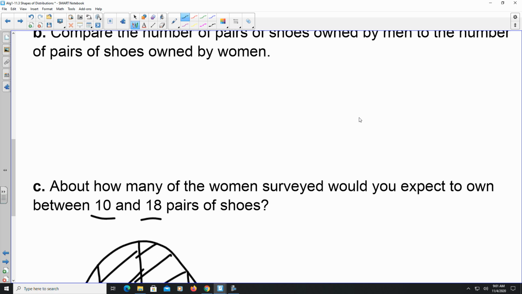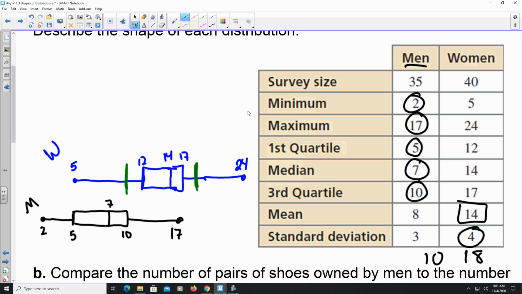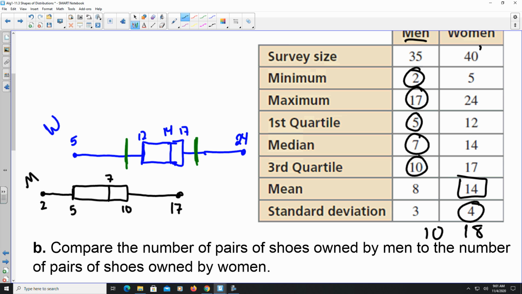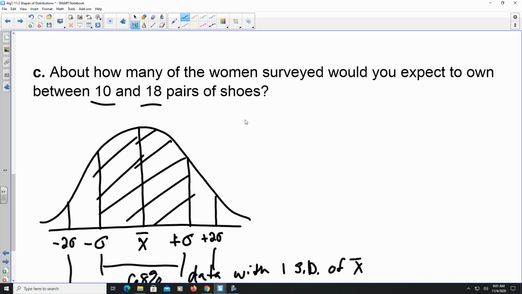So what we can say is, all right, how many people were in the survey? For women, there were 40. Because they want you to figure out what's within one standard deviation of the mean in this case, they want you to figure out 68% of the women in the survey, and that will determine how many women own between 10 and 18 pairs of shoes.